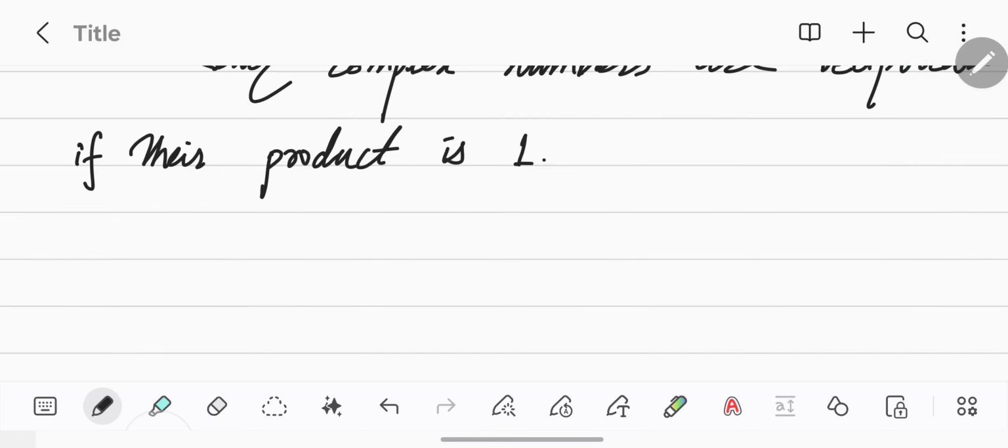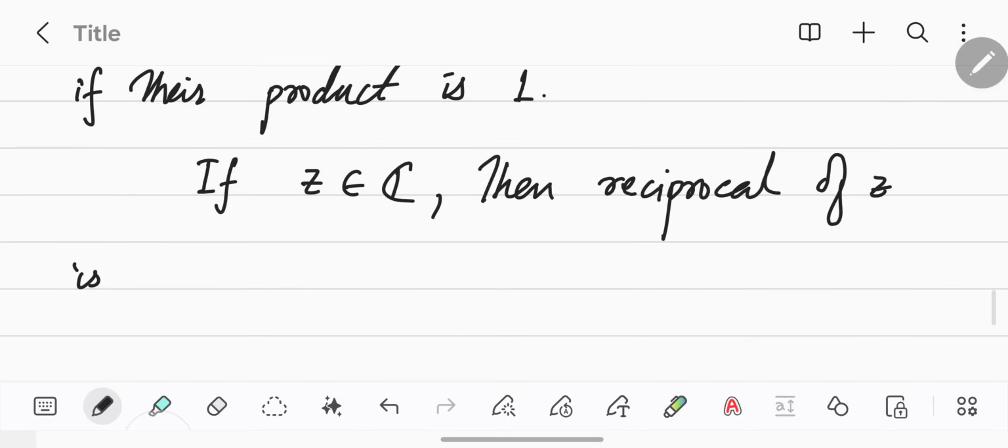Here is the notation. If Z is a complex number, then the reciprocal of Z is 1/Z or Z inverse.